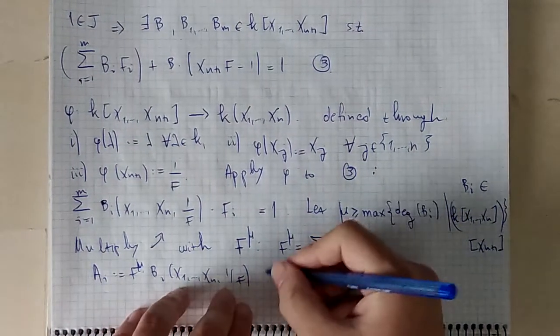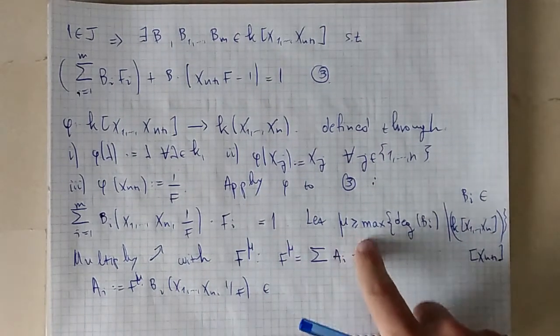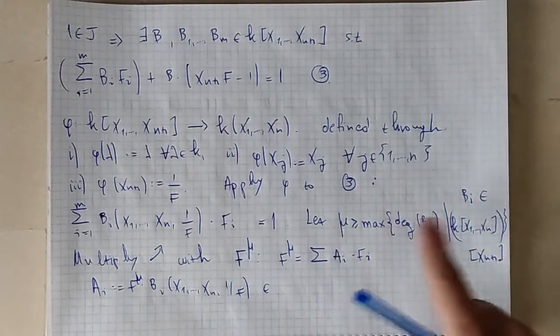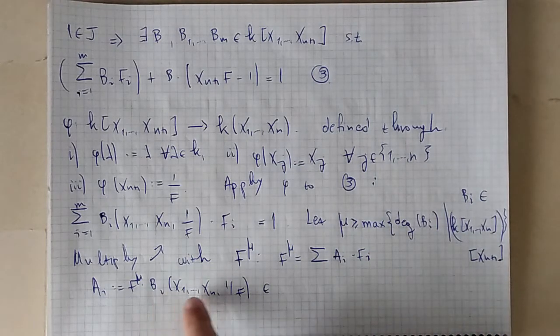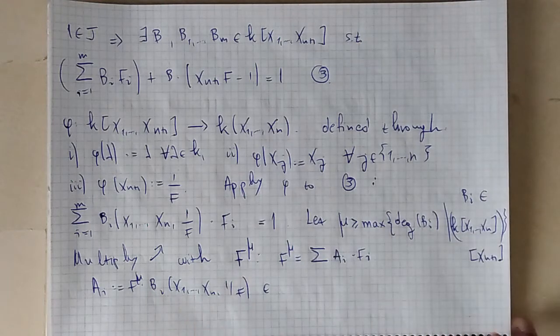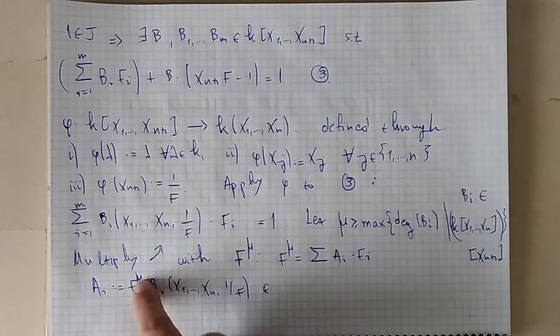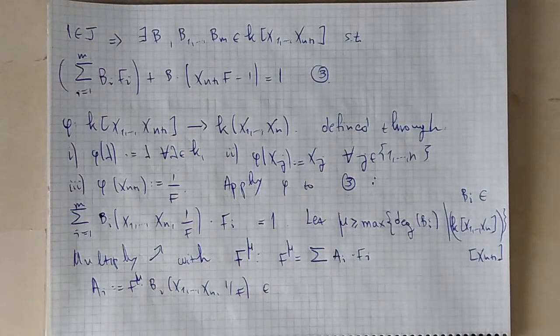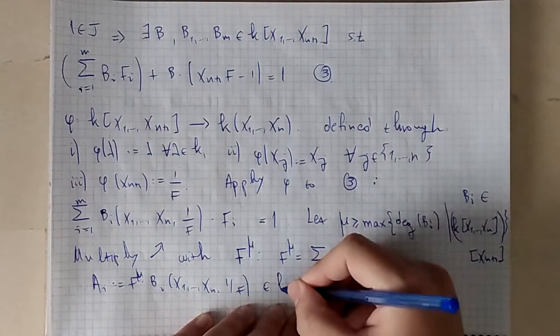But now, since we chose m to be at least as big as this maximum, it's easy to see that every denominator of any bi is going to vanish, simply because I'm multiplying with f to the power of m, right? And therefore these are polynomials in n variables. They don't have denominators, and they definitely don't have this xn+1.